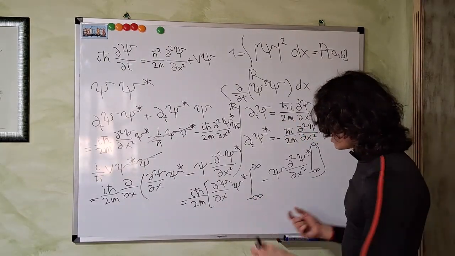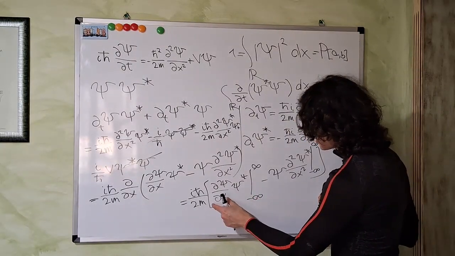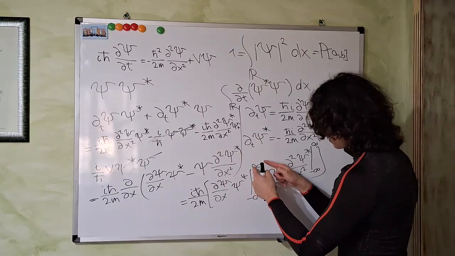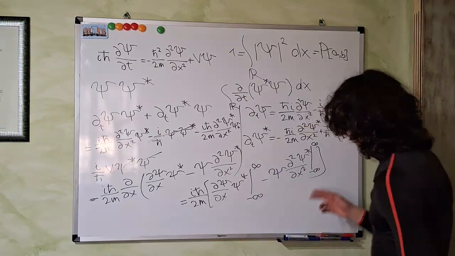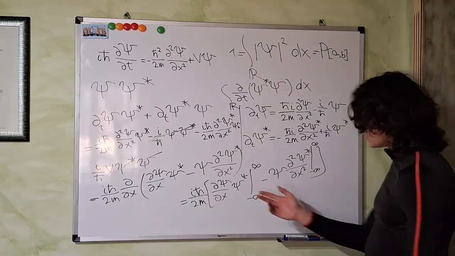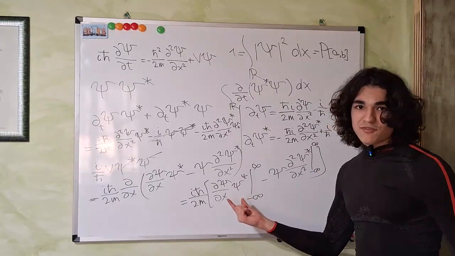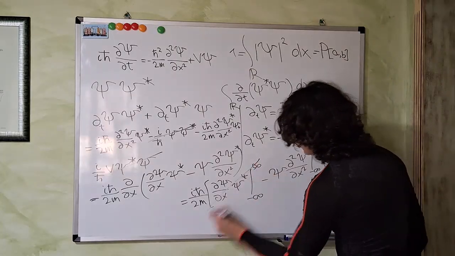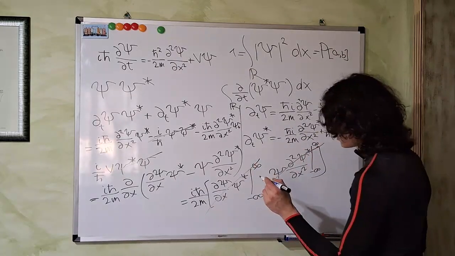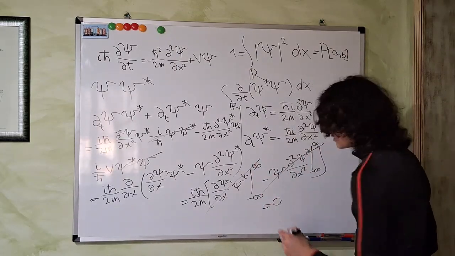So this derivative has to go to 0 as x goes to infinity and minus infinity. And as x approaches infinity and minus infinity, also the wave function and its conjugate have to go to 0. So this goes to 0 and this goes to 0. And we're left with 0.